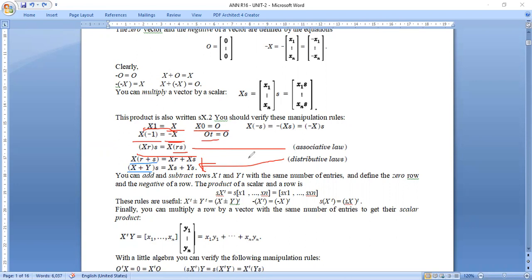Right? After that, we have one more rule: x into minus s, which means x into the negative scalar, equals minus x into s, or minus of x into s. So all these values are the same here. Clear?